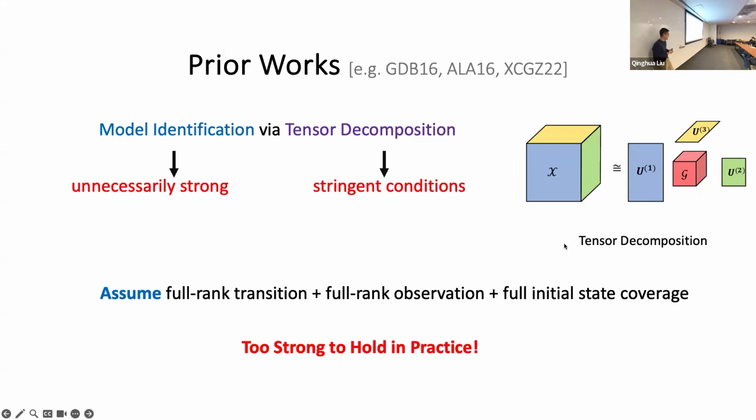These conditions are, in my own opinion, pretty strong, and they rarely hold in practice. Recall that at the very beginning, we were saying we want to do something that can partially explain the practical success. So we want to do something slightly different, something that can better capture what is really happening in practice.